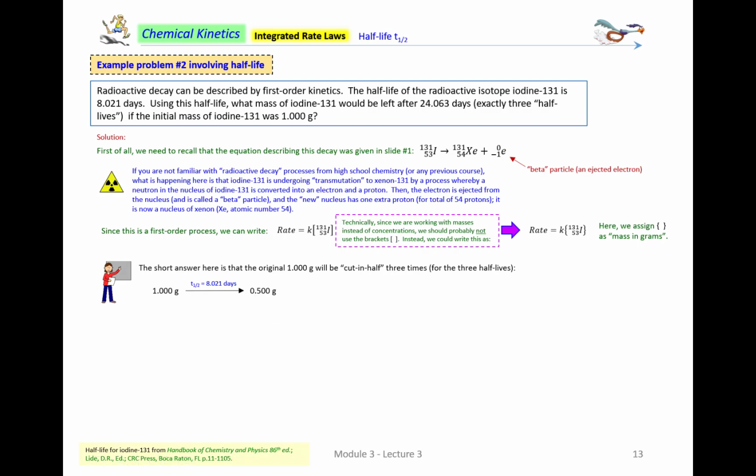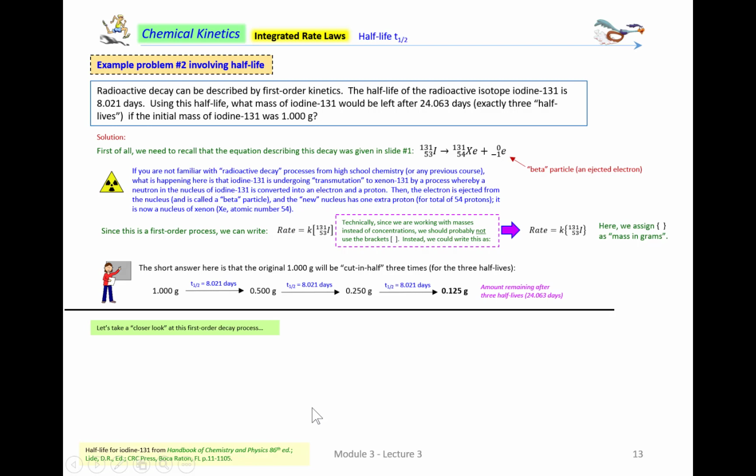If we then wait another half-life, another 8.021 days, we'd have 0.25 grams left. And if we waited the third half-life, another 8.021 days, we'd have 0.125 grams. So that would be the amount remaining after 3 half-lives.